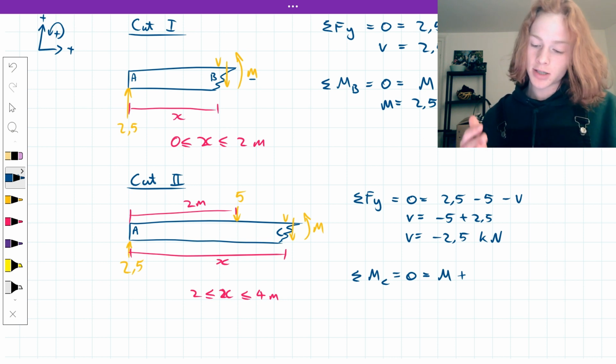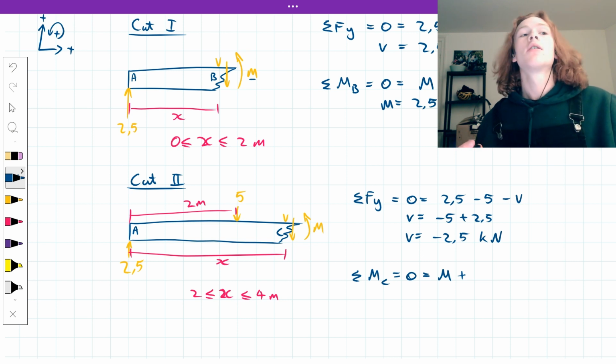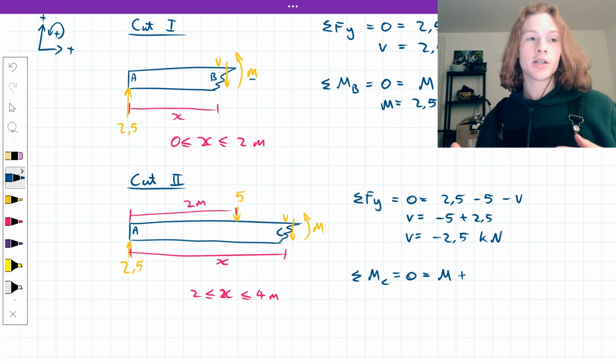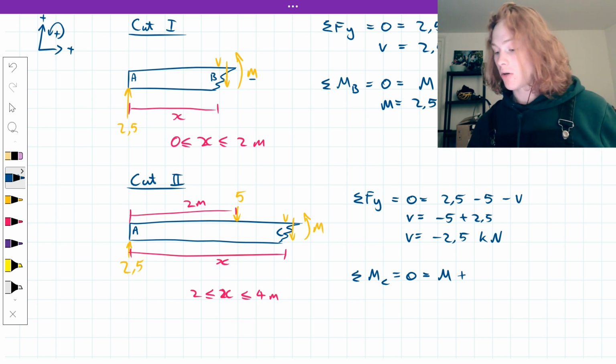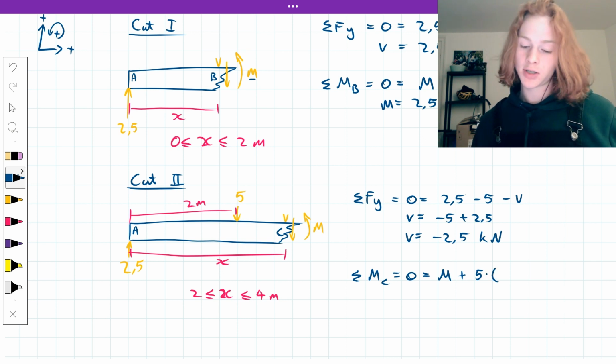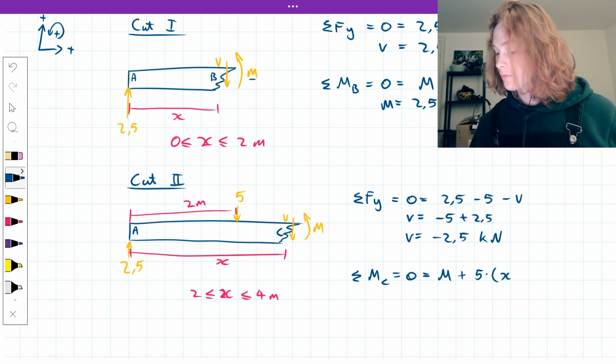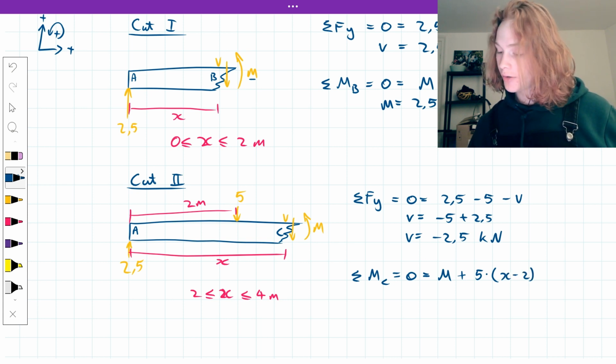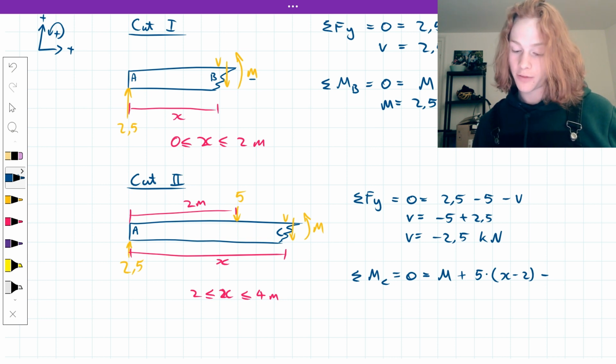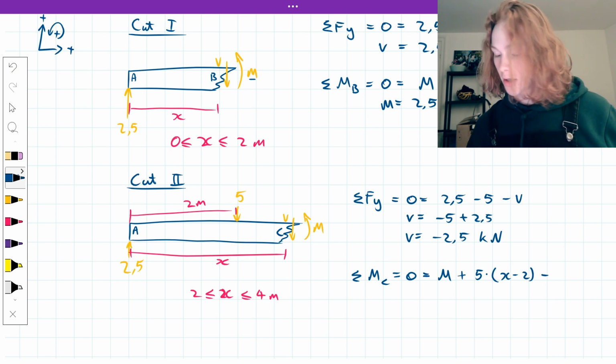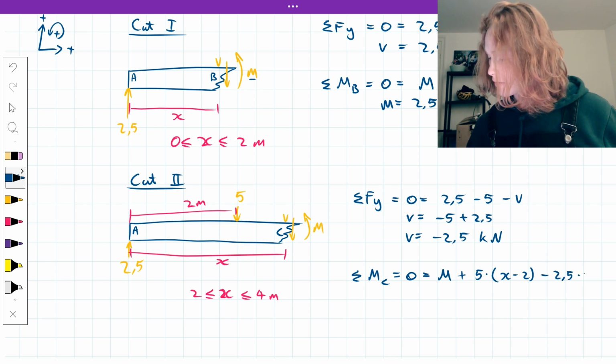The distance of the 5 kilonewton force from C isn't immediately obvious, but we can still work it out in terms of x. So it's 5 multiplied by the distance, which ends up being x take away 2 meters, so it's x minus 2. Then we have our final force, which is a 2.5 kilonewton force, x meters away from C. So it's minus 2.5 times x.